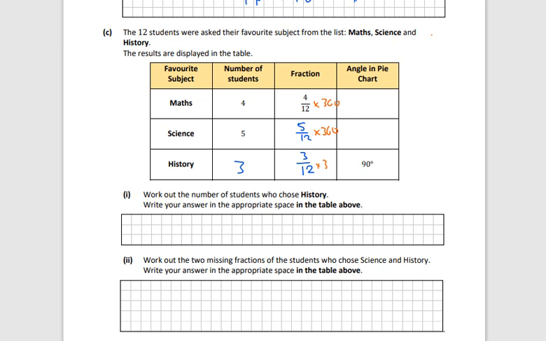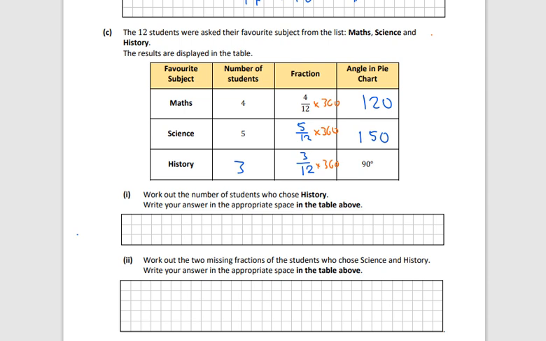And that's what you would have been doing there to get 90. Then we get 150 here. Sorry, it's down here. I did that one for some reason. And then we should get 120 here.